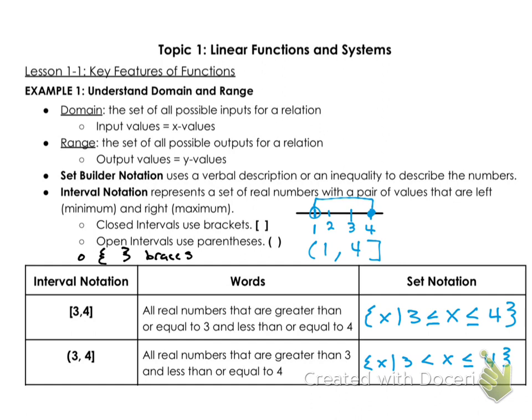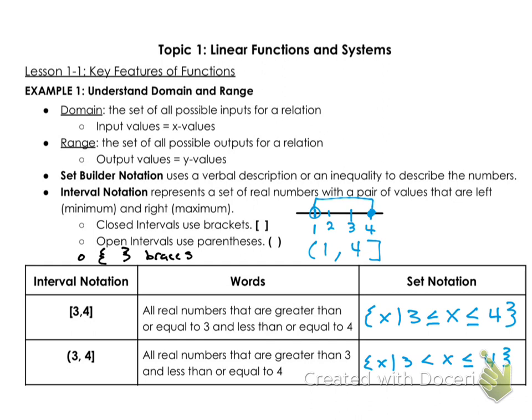So, when we're talking about when we use brackets and parentheses in the interval notation, I went with our basic number line here just to show you how it's used. Remember on our number line, if we have an open circle around a number, what's that mean? It's like not exactly on it.